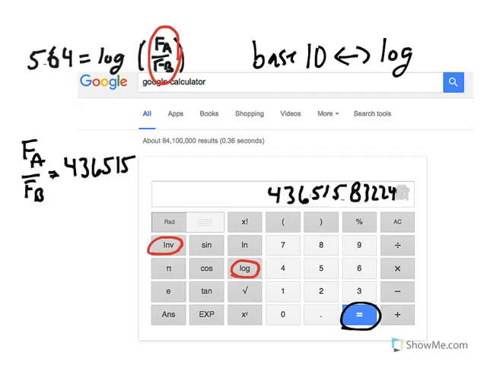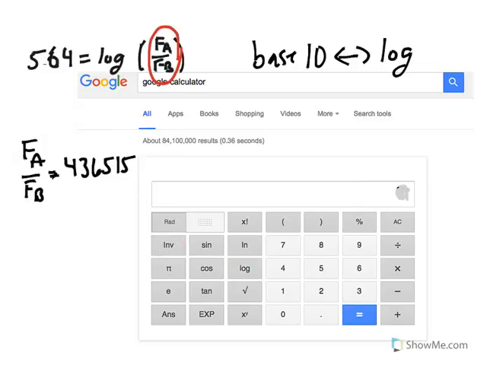So you should see in your window now 436,515.83224. And I'm going to drop everything off the decimal point. So the flux of A divided by the flux of B is equal to 436,515. Or the A star is 436,515 times brighter than the B star at its surface.